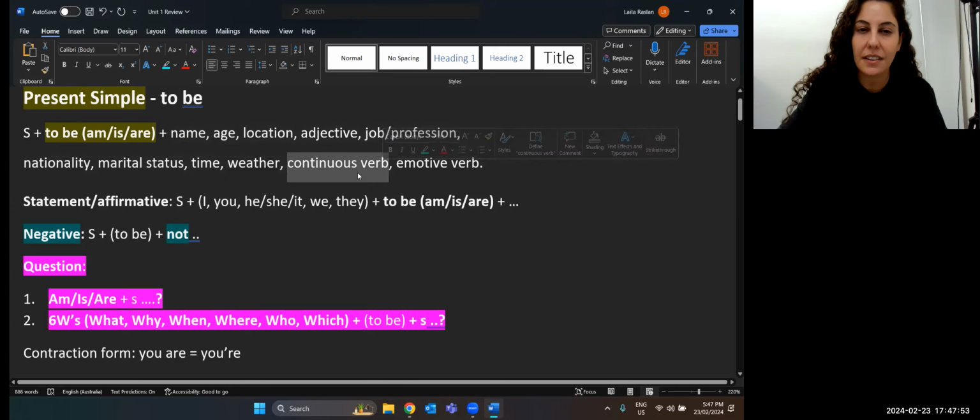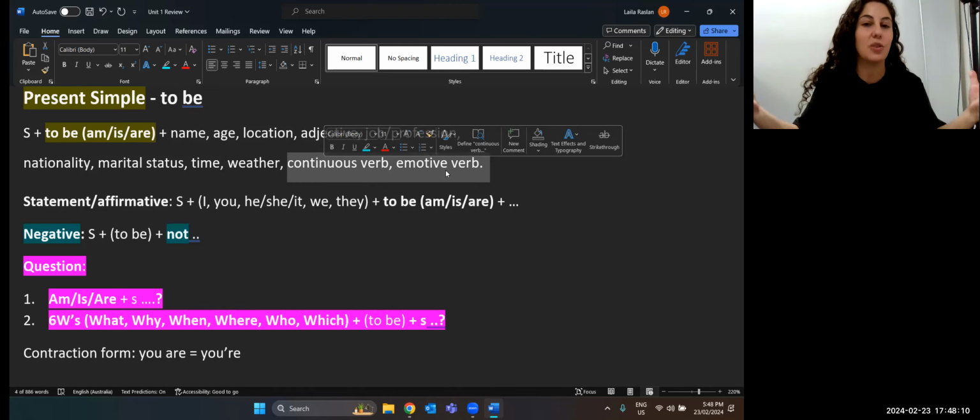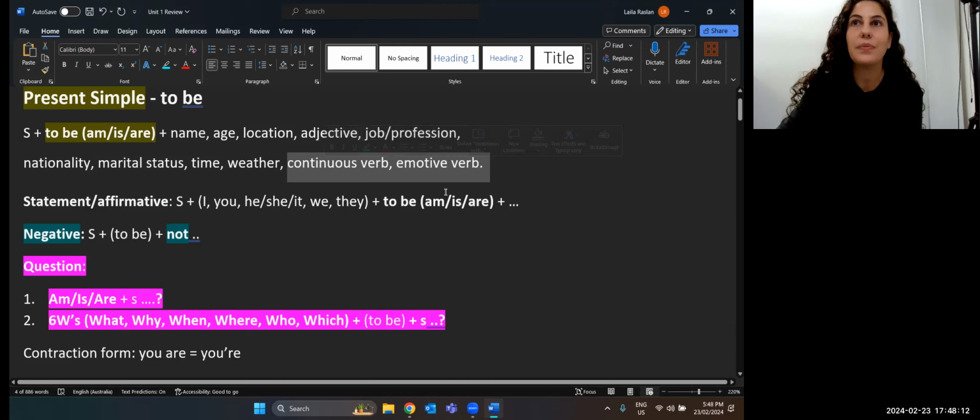That's the only kind where I wouldn't use an auxiliary. You could also say, are you awake? It's with these two kinds of verbs. It's not called an auxiliary verb, it's called an emotive verb. So the ones like, are you happy? Are you asleep? Are you tired? Are you exhausted?